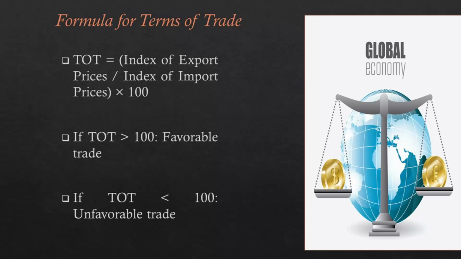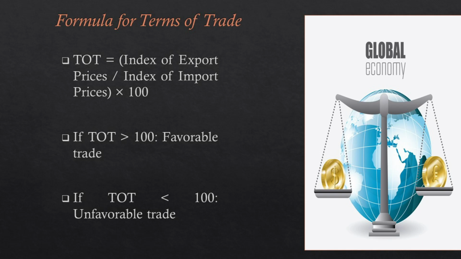Mathematically, terms of trade is calculated as the export price index divided by the import price index multiplied by 100. This ratio helps us understand the exchange rate of goods and services between trading nations.